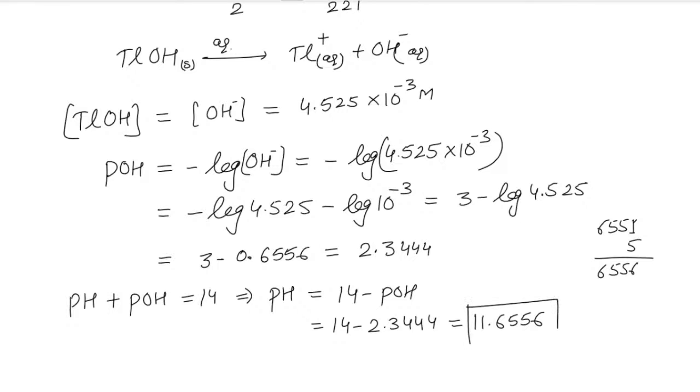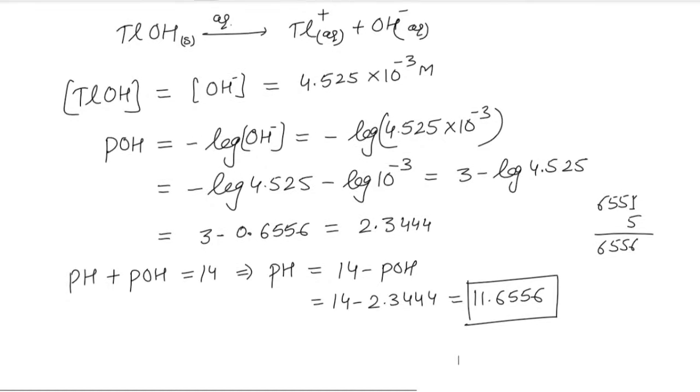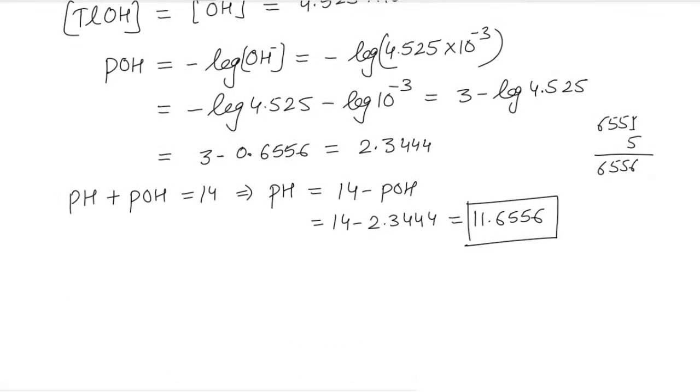So this is the pH of the solution. Or if you don't want to go like this, first calculate H3O plus ion concentration and then calculate pH. Similarly, you can do other questions. Can you do other questions?